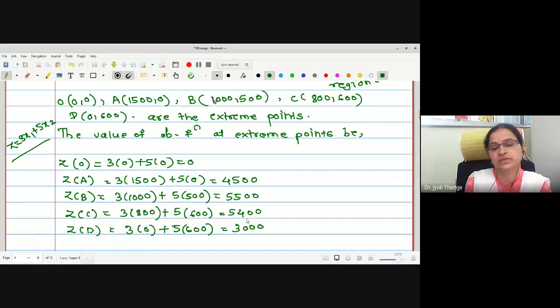Therefore, if you look at these values, which value is going to be maximum? This is maximum. Therefore, the value of objective function is maximum at which point? At B point. What are the coordinates for point B? 1000 and 500. Which values of x1, x2 have given us the maximum value of z? x1 is 1000, x2 is 500.